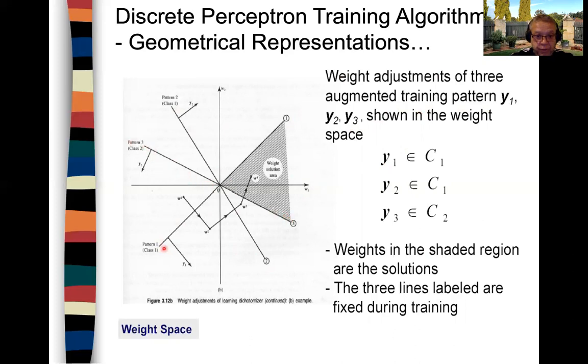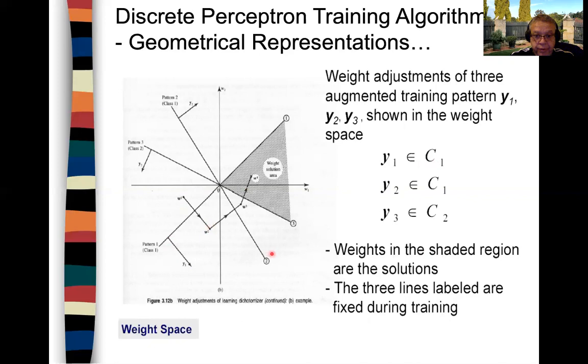So this is the pattern number 1, which belongs to class 1. If my initial weight is here, I need to move a lot because my first pattern is Y1 and belongs to class 1. So I should move in this direction along Y1.